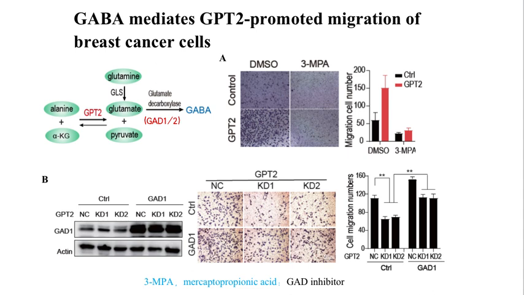After adding 3-MPA, GABA cannot be generated and the cells cannot migrate. At the same time, overexpression of GAT1 promotes migration of breast cancer. The overexpression of GAT1 also partially restored the migration of breast cancer cells with GPT2 depletion. These observations suggest that GABA as a single molecule mediates GPT2 to promote the migration of breast cancer cells.